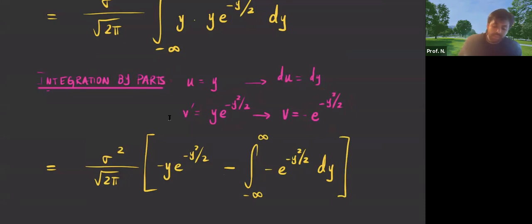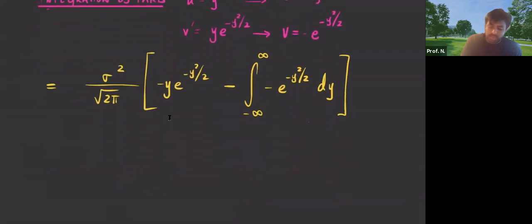Again, the integration by parts formula really comes from the product rule, so you can find the formula for integration by parts using the product rule. So what happens here? This is also defined from negative infinity to infinity.